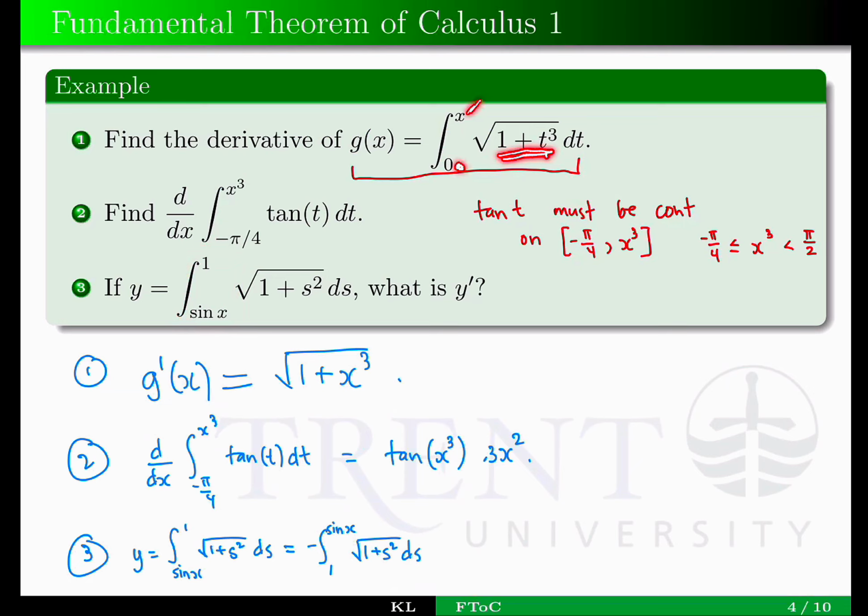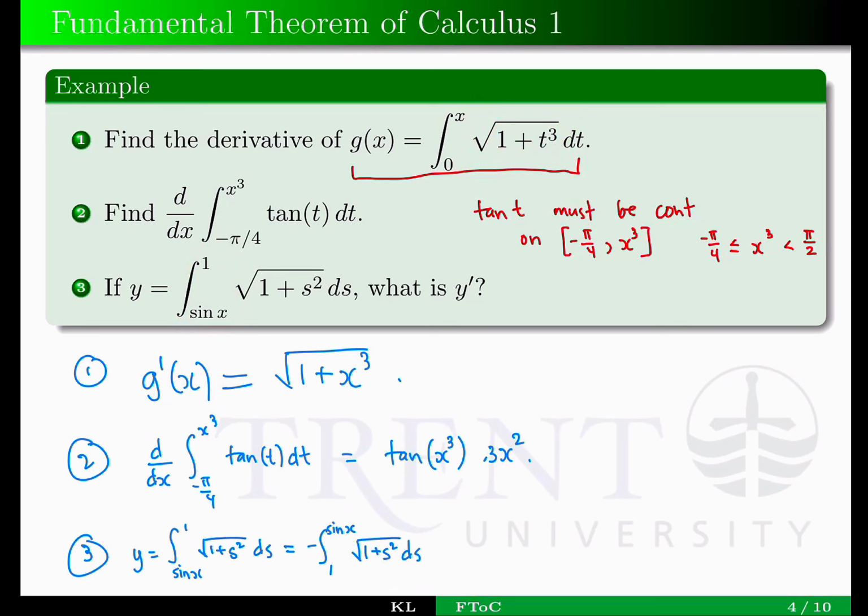And our upper limit of integral is x. But we have square root in here. So you got here 1 plus t cubed, but you take the square root in here. So we need our x to be such that this expression here is positive. I did not emphasize that in number 1, although I have emphasized it in number 2.